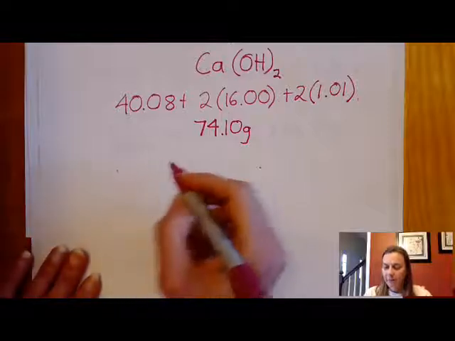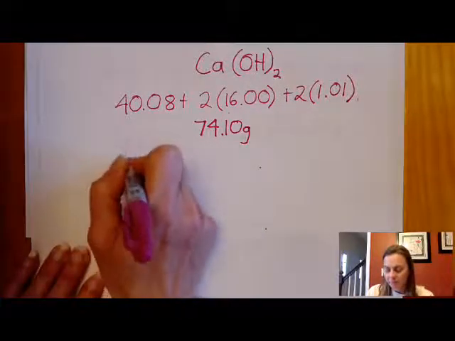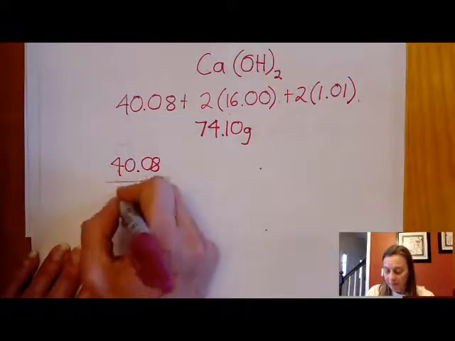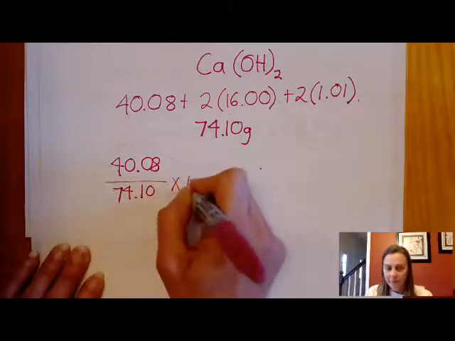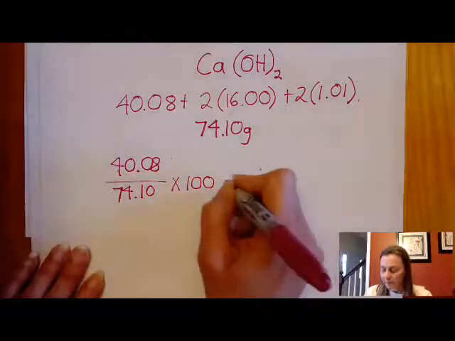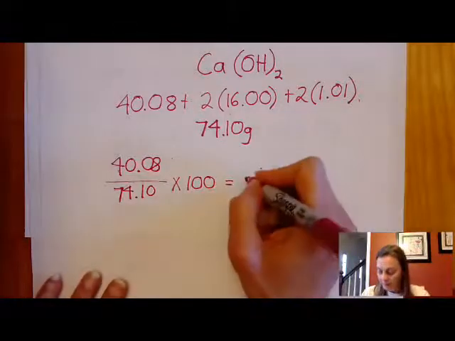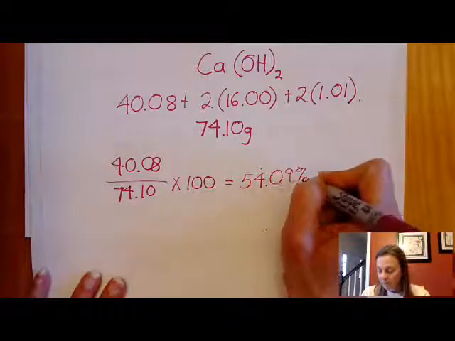Now we want to find out what percent each of them is. So we take the 40.08, divide it by 74.10, multiply by 100, and that gives us 54.09% calcium.